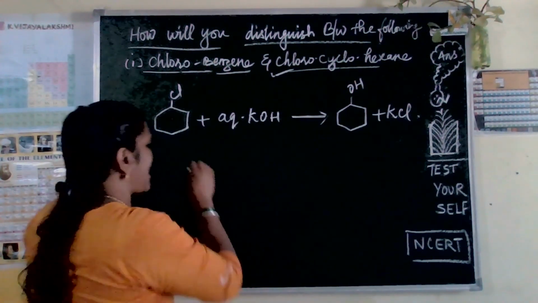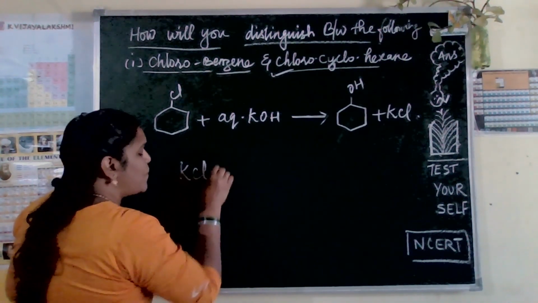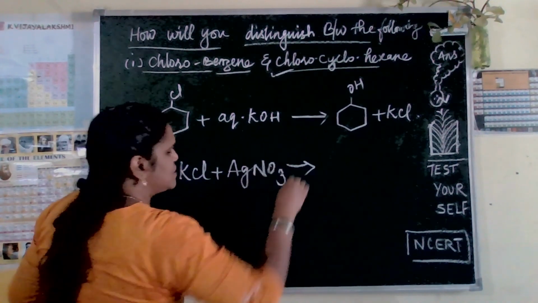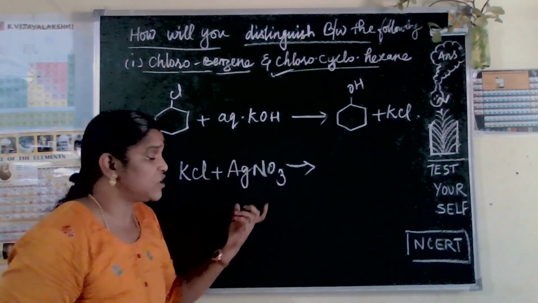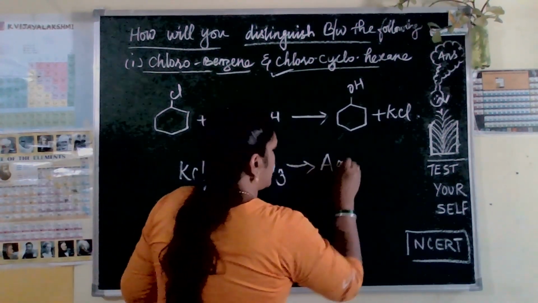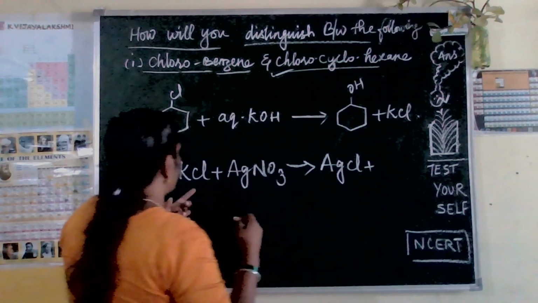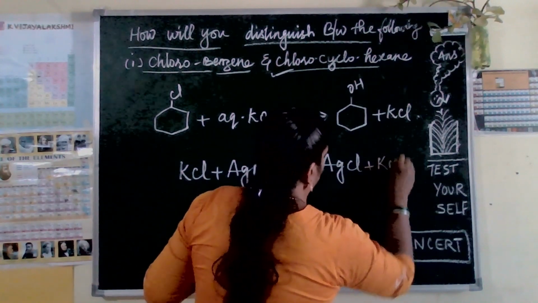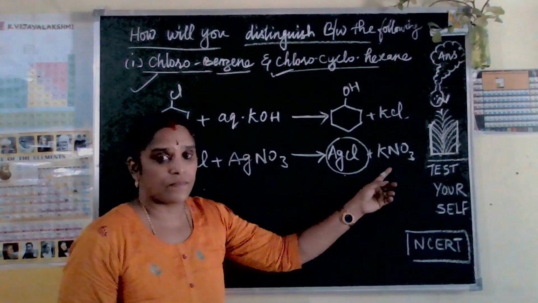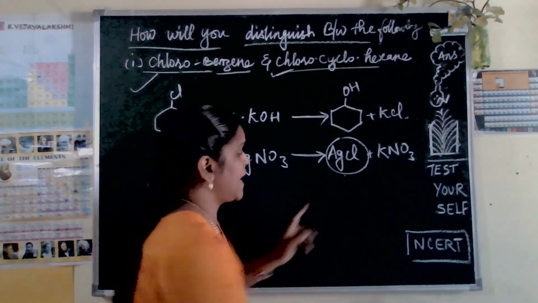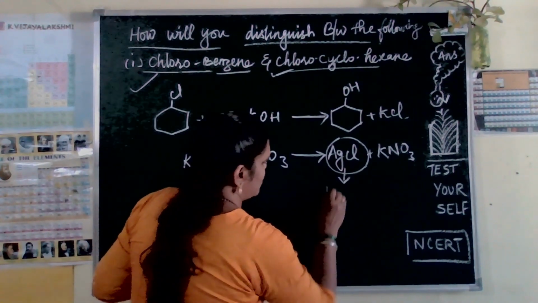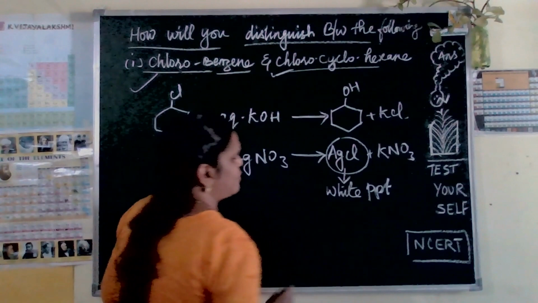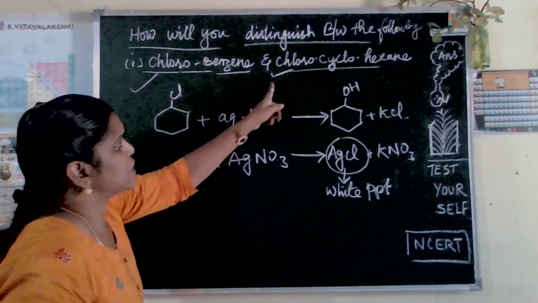Now this KCl combined with the silver nitrate solution gives AgCl and KNO3. AgCl is a white precipitate.